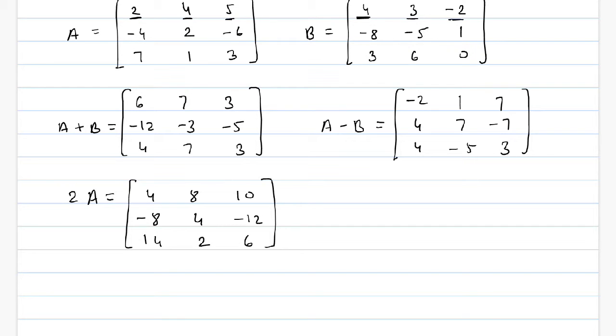So we have just multiplied our constant to each and every value. So these are the few arithmetic operations that we can do on a matrix. We can find the transpose, we can add matrices, we can subtract matrices, and we can multiply a constant to a matrix.